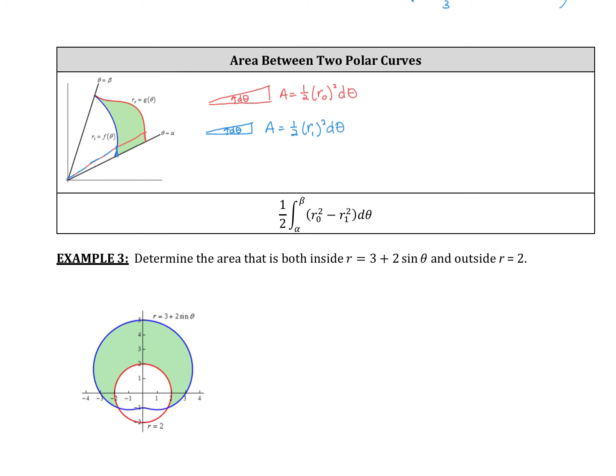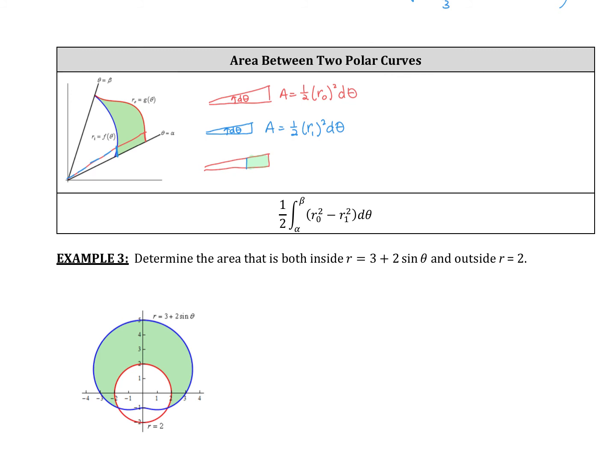Now you can imagine that if I want to find the shaded area, the green area, and I take and subtract the two areas, you can see how I would get that green shaded area.